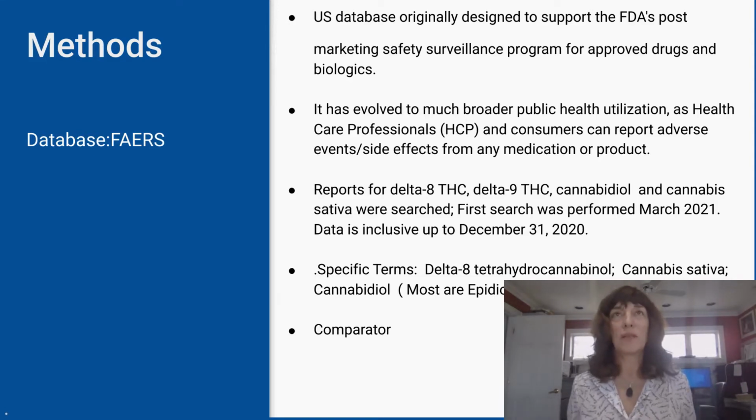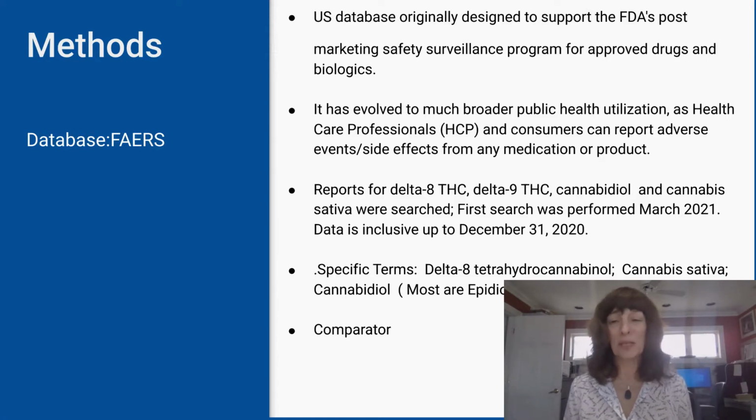The data that the FDA publishes is by quarters. I do have a little bit of updated data presented in this, but like I said, it's quarters. So the data is not really two years old, just to make sure that everyone knows that it's actually very current. One other comment is that the cannabidiol in the FDA FAERS database was all Epidiolex. When you do an analysis like this, you need to understand who your best comparator is.